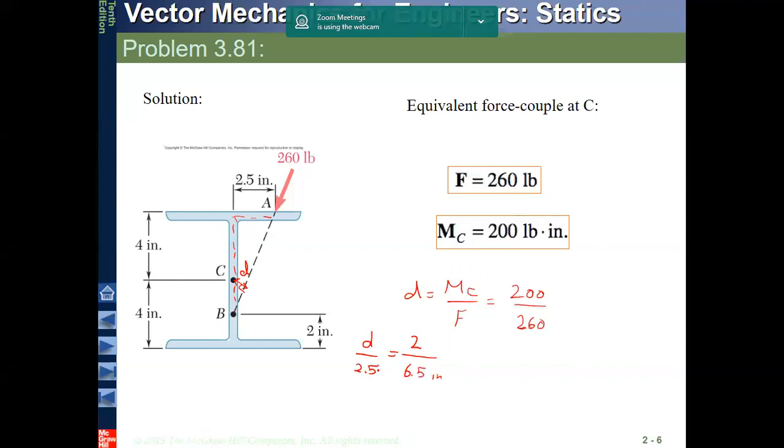Oh, you don't need to do that, I'm just showing that these are equivalent. So D would be 5 over 6.5. Does it make sense?